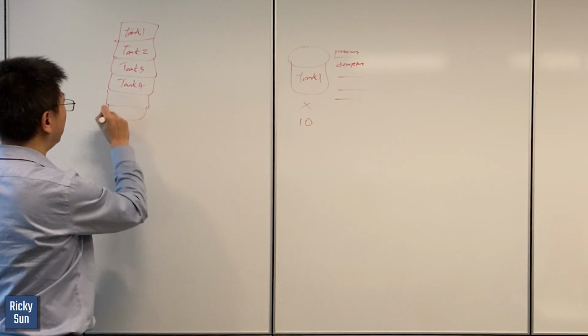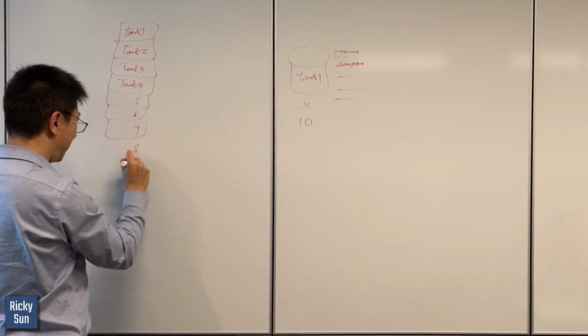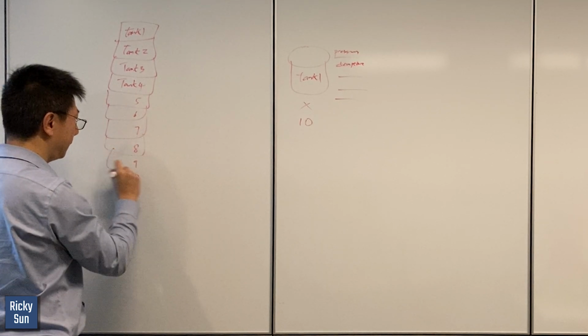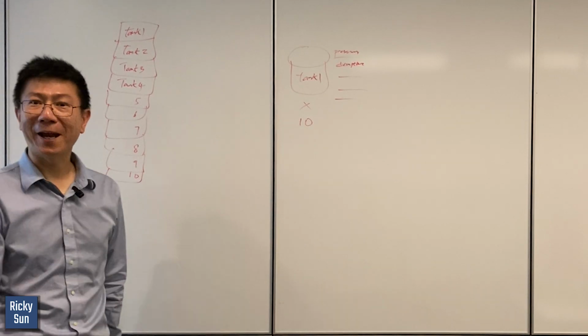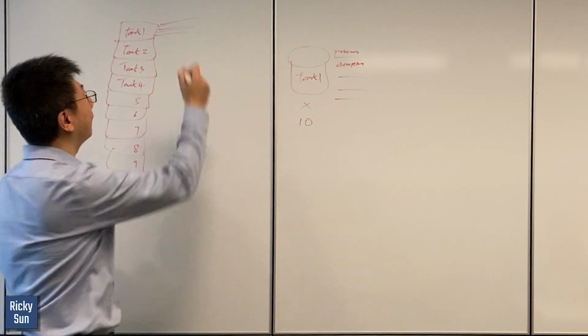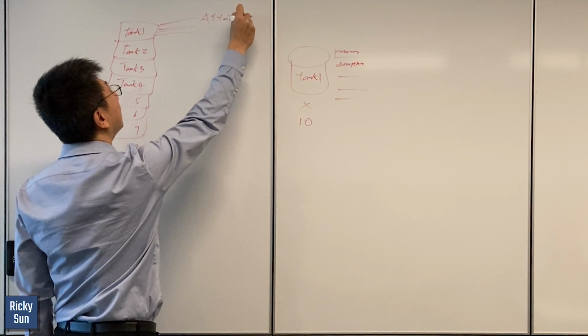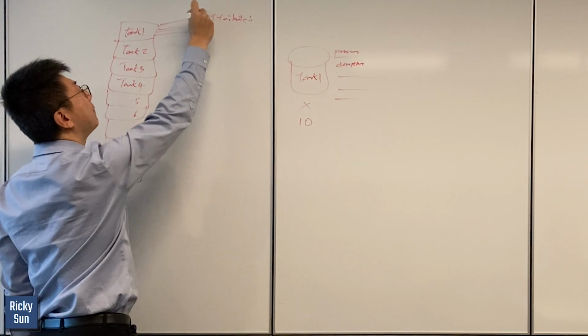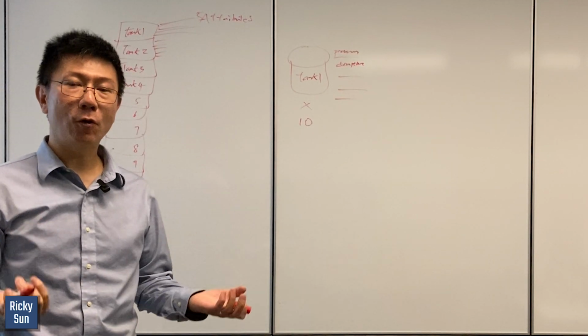Like 4, 5, 6, 7, 8, 9, 10. Oh my. And then within each tank, I have to insert 5 attributes inside. Each of them has 5, right?